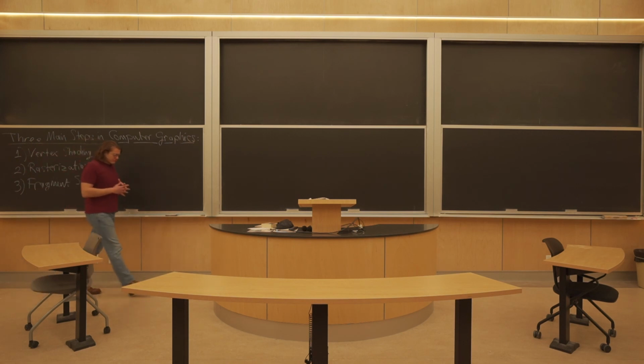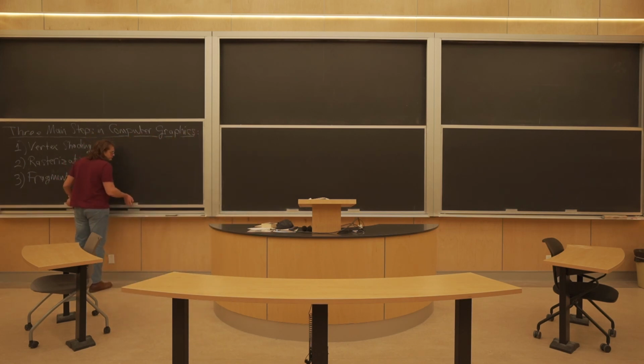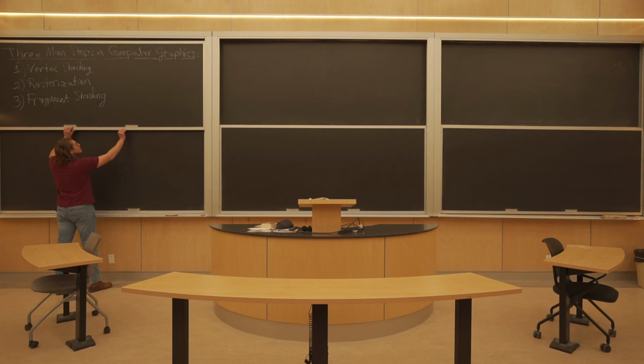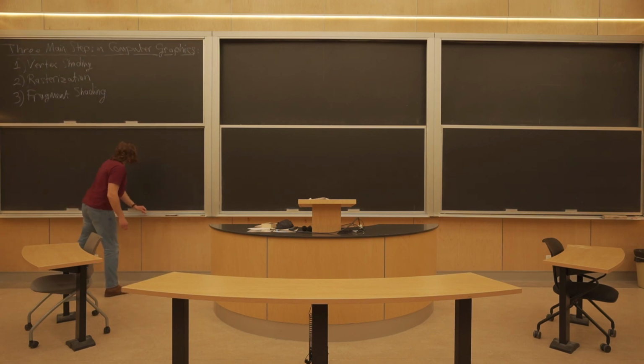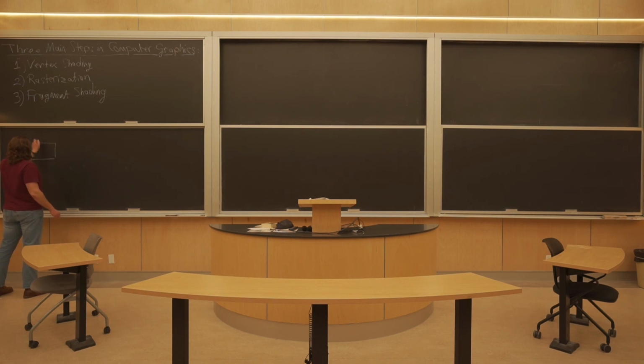So you have a world, let's say it's a 3D world or a 2D world, and in it you have a bunch of objects. So you have objects like this. Let's say it's a cube, or a cylinder, and so on.